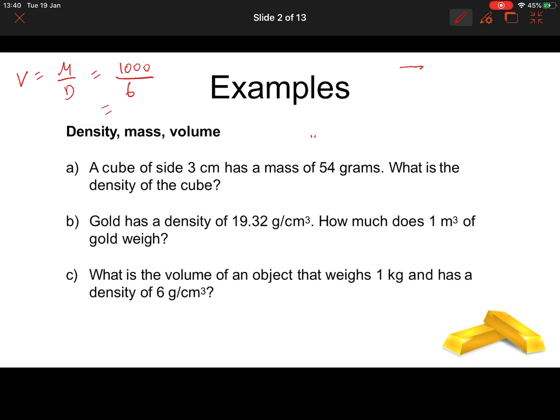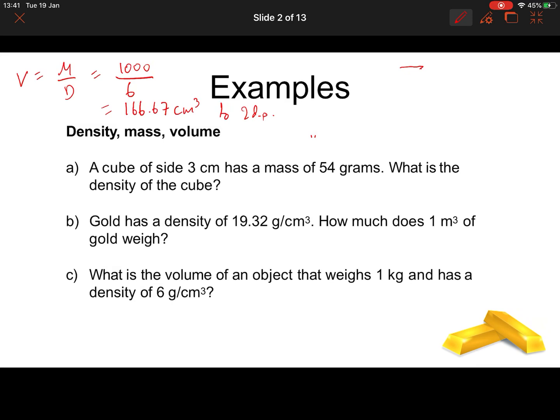So use your calculator. 1,000 divided by 6 is going to be 166.67. What's the unit of measure? This is volume, so it's going to be centimetres cubed to 2 decimal places.